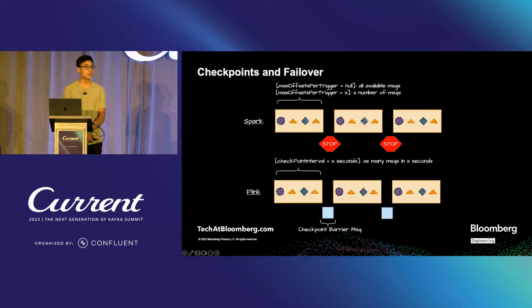So a batch is processed, execution is halted, and a checkpoint is created. The size of your batch is controlled by the max offsets per trigger property when consuming data from Kafka. When you don't set this property, the default behavior is to consume all available messages. And when you do set this property, it'll cap the size of your batch.